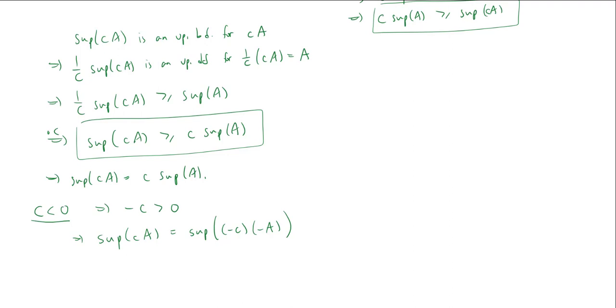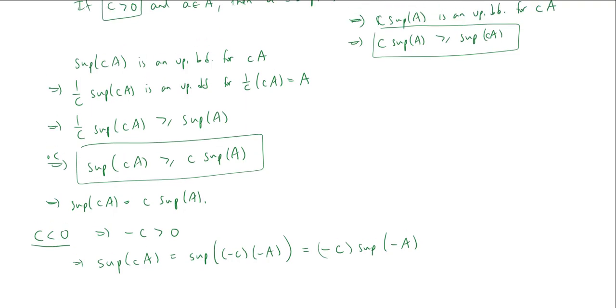So now I have all these negative A's. Well, I multiply them by negative C's, and I get exactly my CA's back, right? So I'm getting exactly this set. Okay, but negative C is positive, and we just showed that if you have a positive constant, you can simply pull it out of the supremum. So this is equal to negative C times the supremum of negative A.